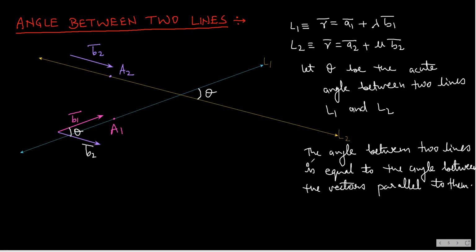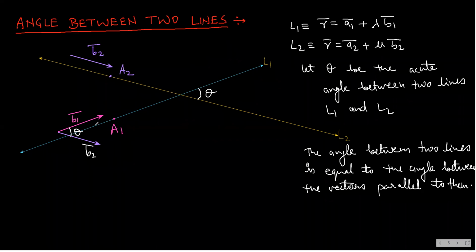I repeat again. The angle between these two lines is equal to the angle between the vectors parallel to them.